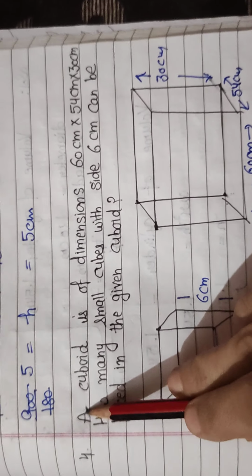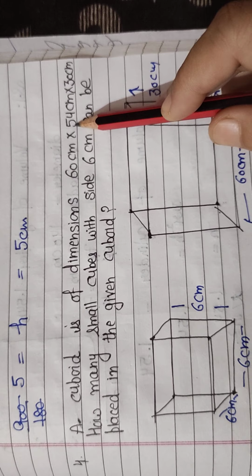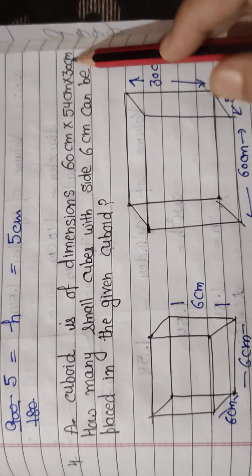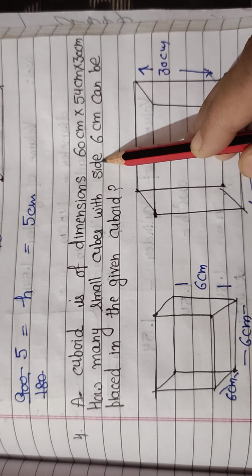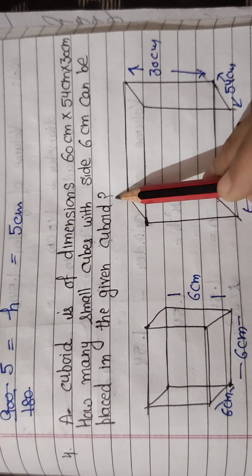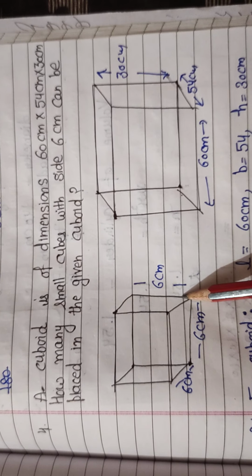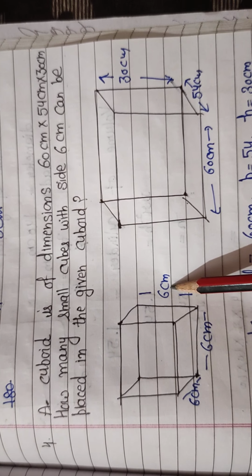Now question number 4. A cuboid is of the dimensions 60 centimeter into 54 centimeter into 30 centimeter. How many small cubes of each side 6 centimeter can be placed in the given cuboid? Now, this is a cube with the dimension 6 centimeter, 6 centimeter, 6 centimeter.